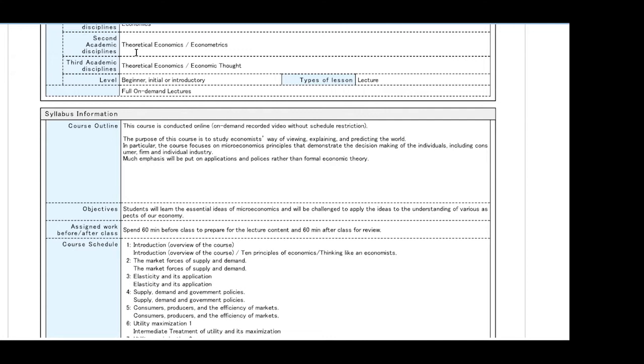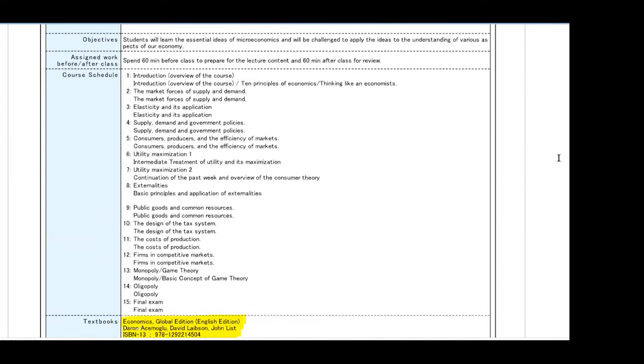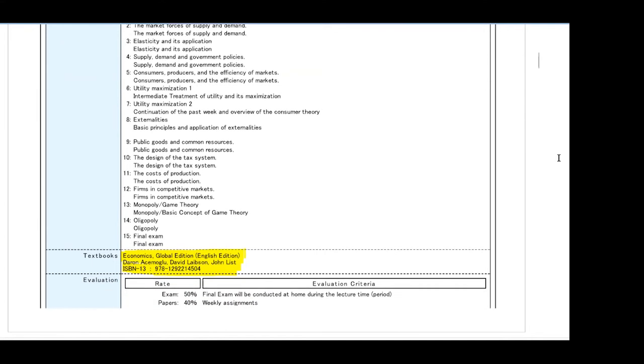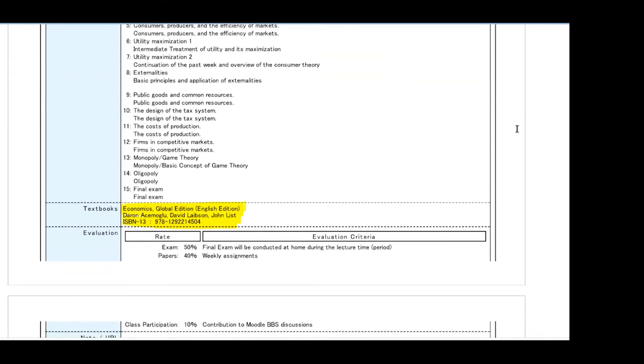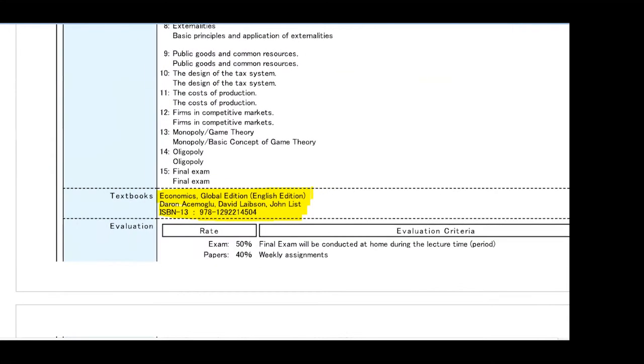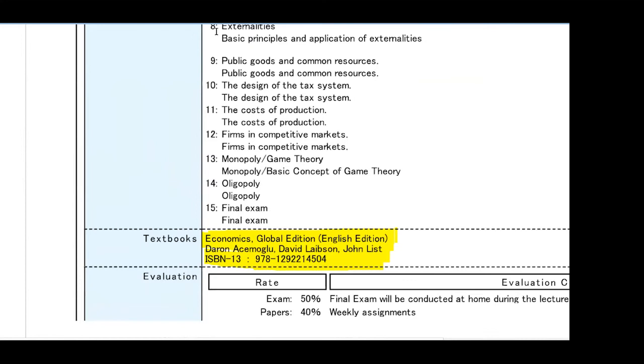In terms of contents, I follow the textbook closely, and we meet for 15 sessions in Moodle. I have changed the main textbook.